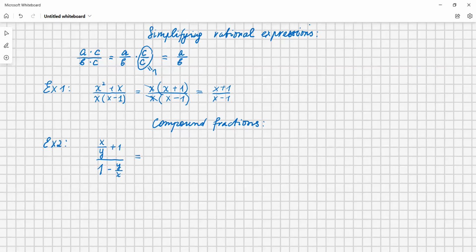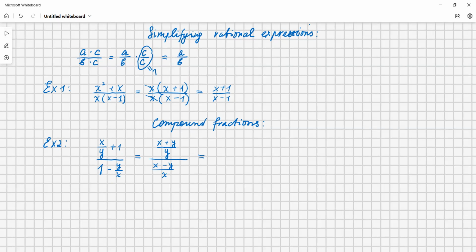So simplify first fraction on numerator. Here common denominator is y because 1 does not have any denominator. So I have x plus y over y. So I multiply 1 by y, numerator and denominator. For denominator, common denominator is x. So I'm going to have x minus y divided over x.